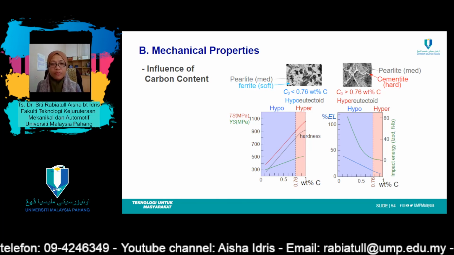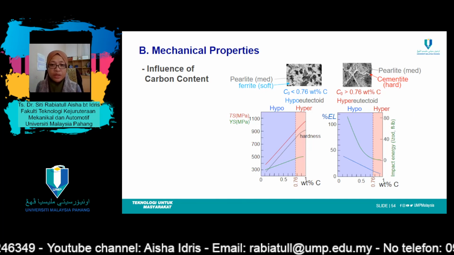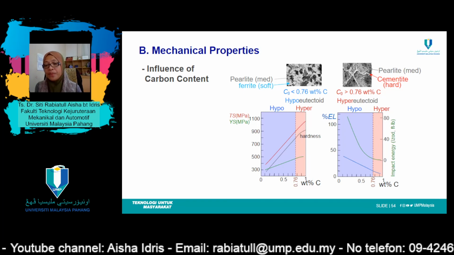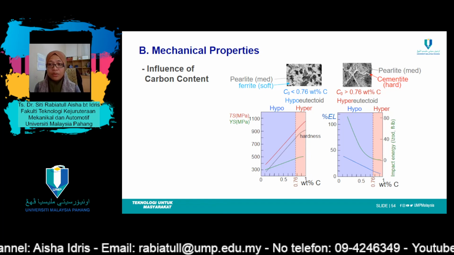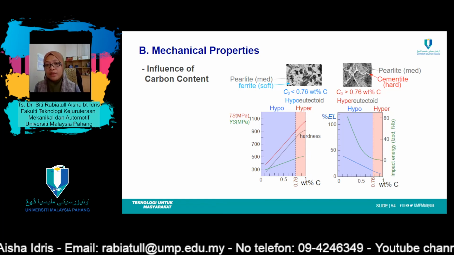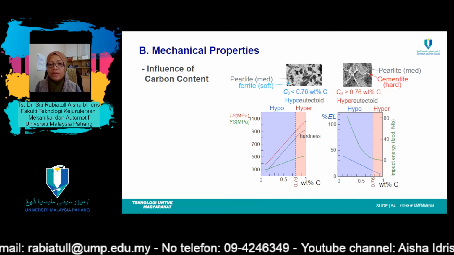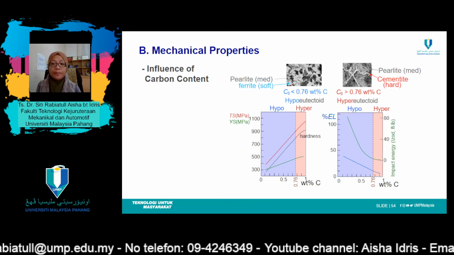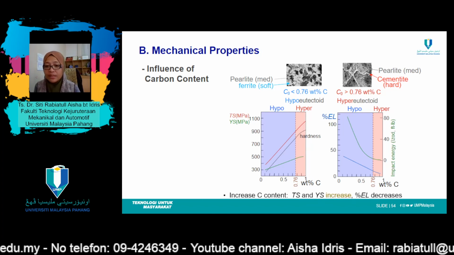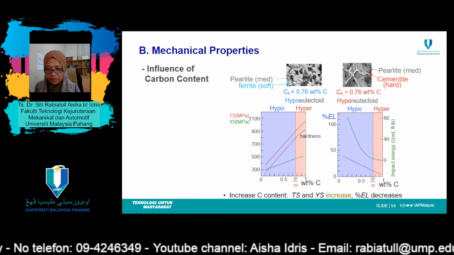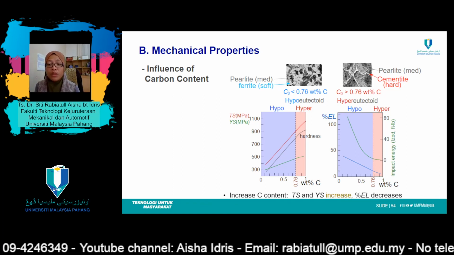So now let's move on to our next topic, which is the last topic for today, mechanical properties. As mentioned in the previous lecture as well as in the early chapter, the carbon content in steel will affect the mechanical properties of the material, whereby by increasing carbon content, the tensile strength and yield strength will increase.